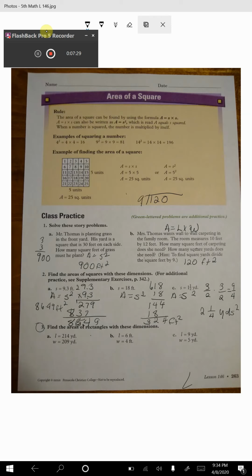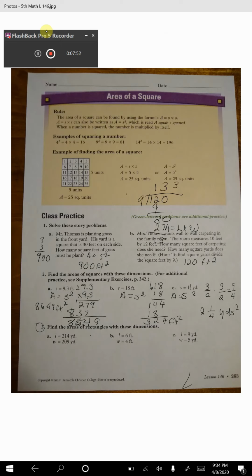9 into 12, 1, 9. I'm going to make sure I'm doing this right. Yes, okay. 9 into 30 would be 3 times. 27 with 3 left over.